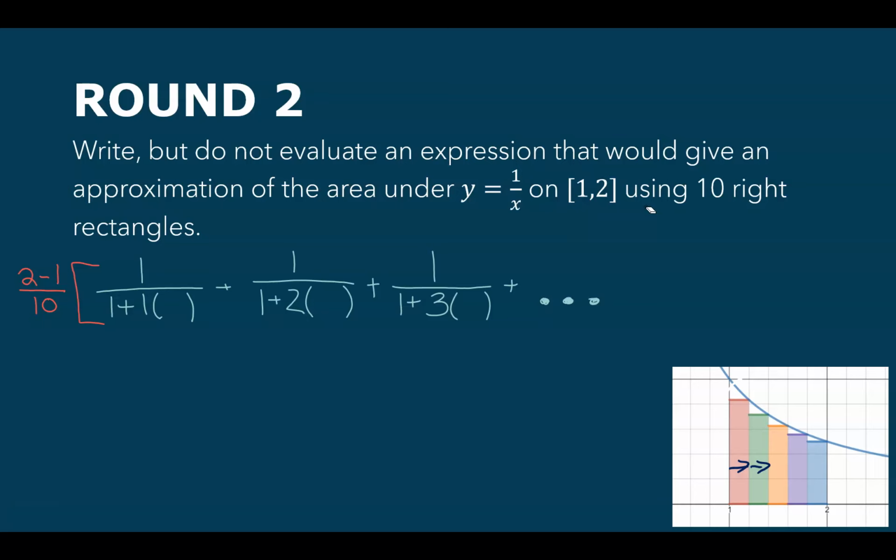Well, what goes in each of those? Of course, it's a 1/10, which matches this guy out front. That's 1/10 wide. So down below, I would add 1/10 to the left endpoint 1 to find the x coordinate to find the first height. And so 1 over 1 plus 1/10, 1 over 1 plus 2 versions of 1/10, 1 over 1 plus 3 versions of 1/10.